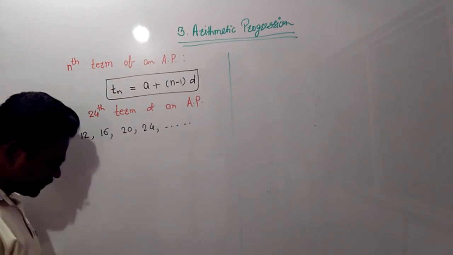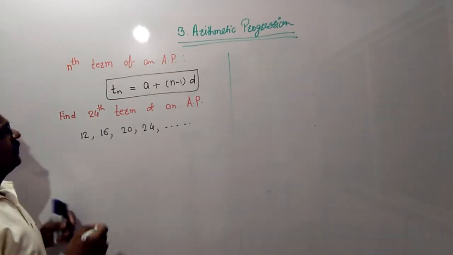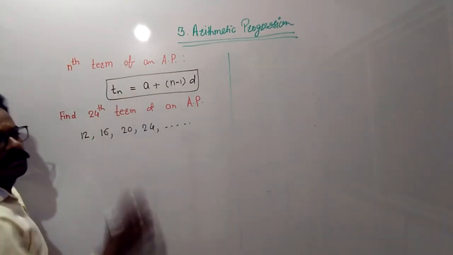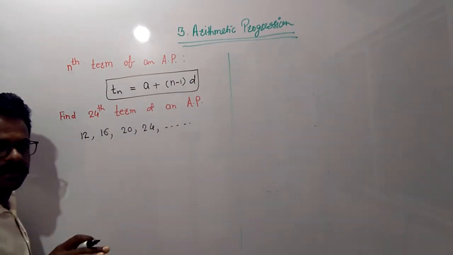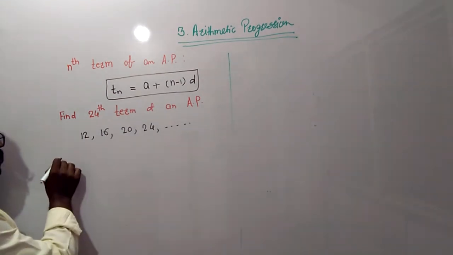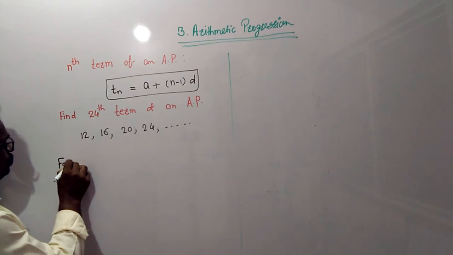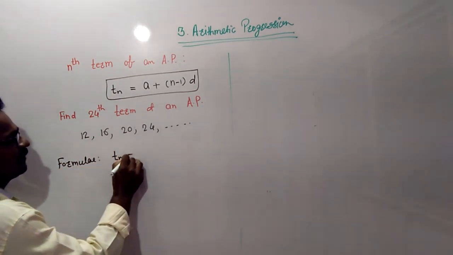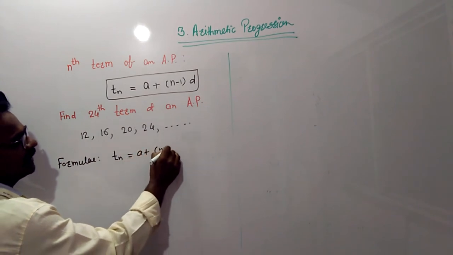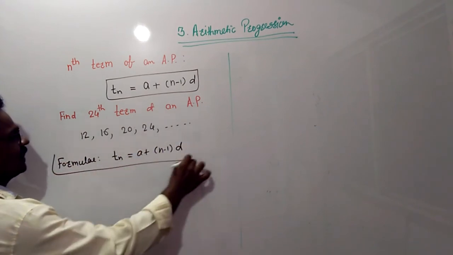So here, students, first the formula should be clear in our mind. What is the formula for the nth term? Tn is equal to a plus n minus 1 into d.